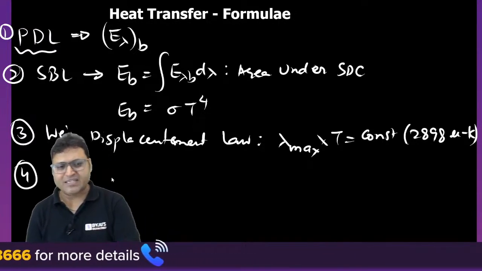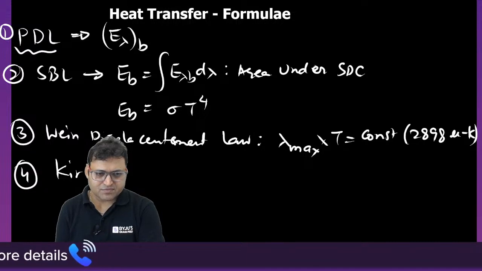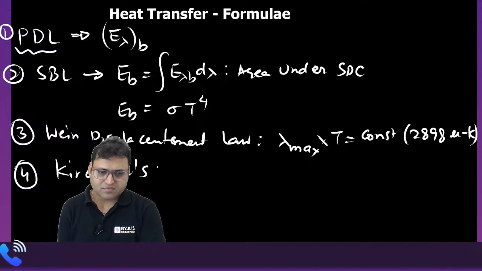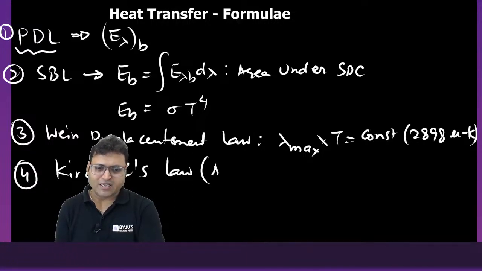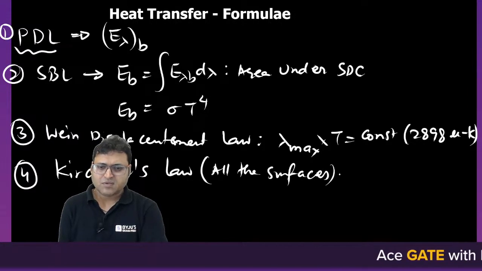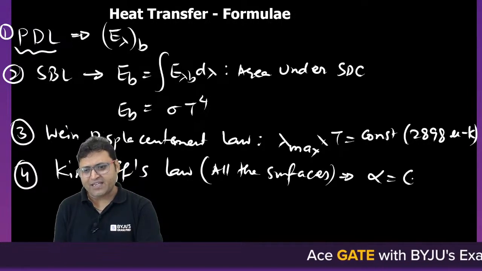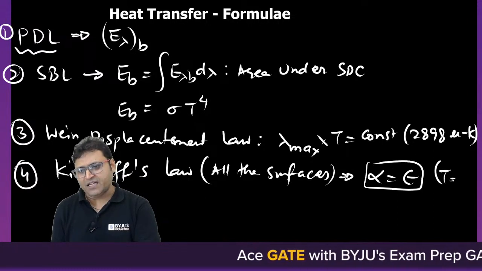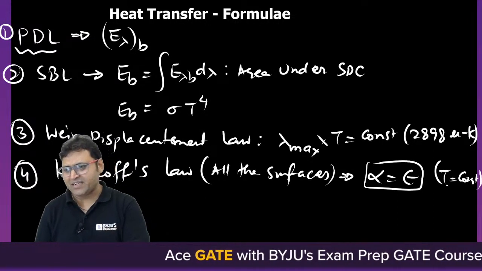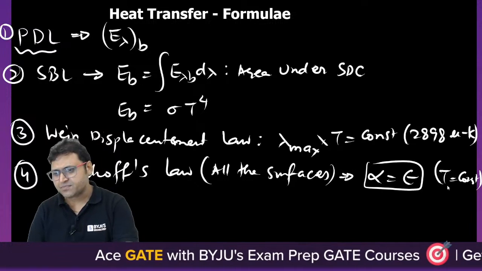Then the next one is Kirchhoff's law of radiation. That is valid for all surfaces. According to this, alpha is equal to epsilon if the system is in thermal equilibrium with its environment.